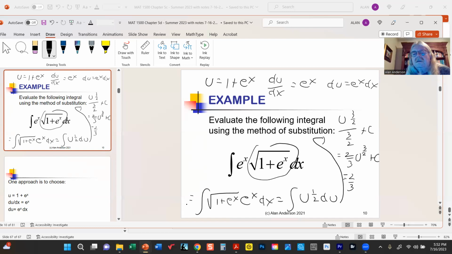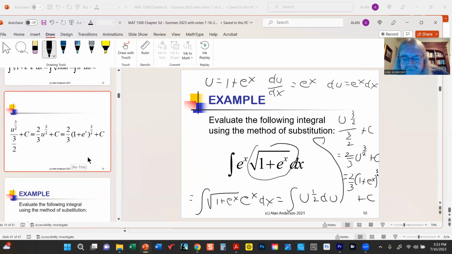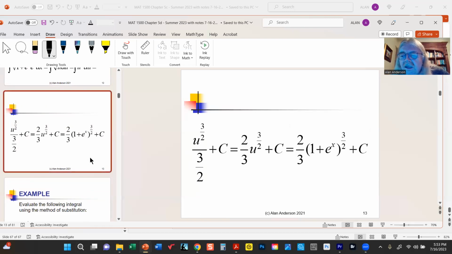Oh, sorry, we're replacing the u with e to the x. Oh, no, 1 plus e to the x, all raised to the 3/2 power, plus c. Okay, now that's written out better down here. That was a little tight, but here it is.